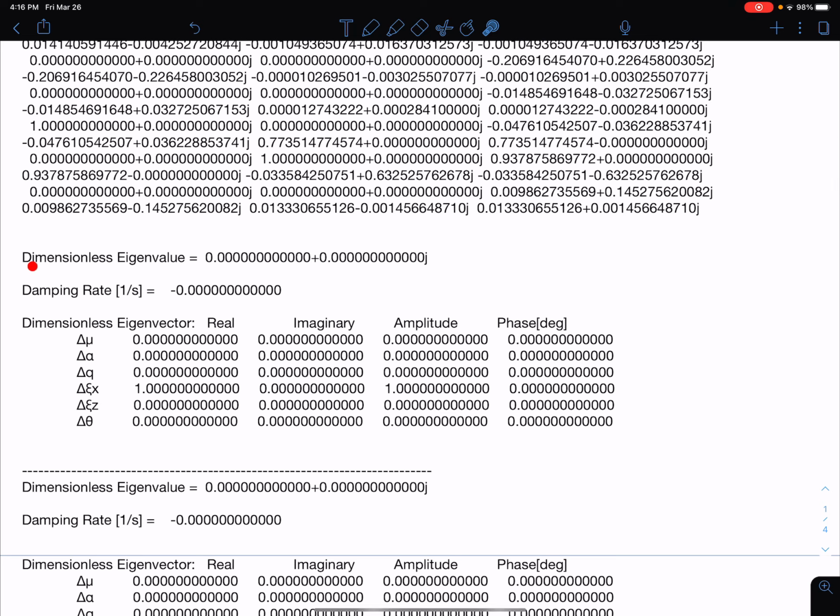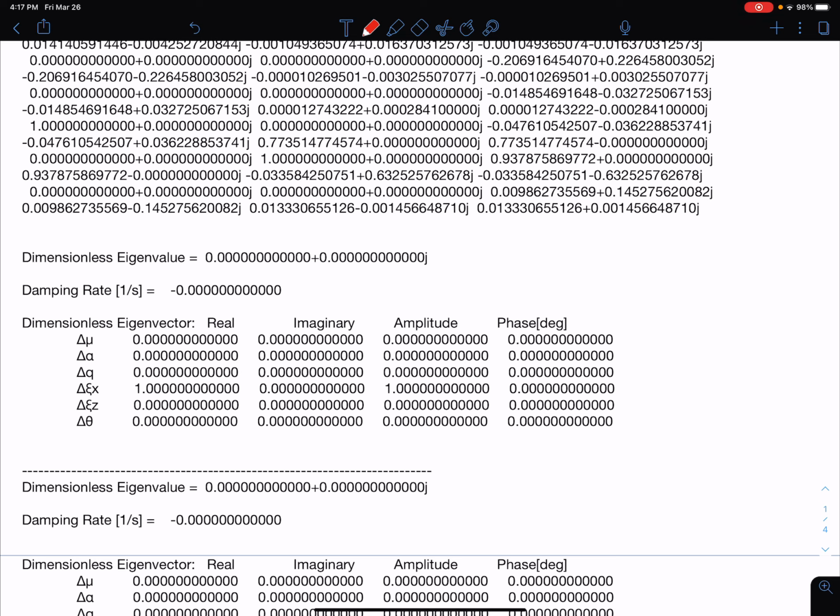Here's the dimensionless eigenvalue. The first one it pulled out was a perfect 0, and it has a counterpart that is also a perfect 0. These came out as eigenvalue pairs, and if you get a 0 for an eigenvalue, that corresponds to what is called a rigid body displacement.